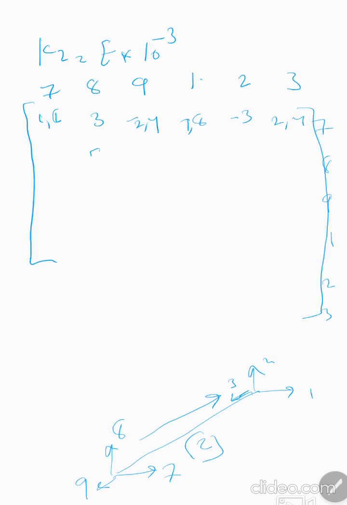Here it will be 5, minus 4, minus 3, minus 5 and 4, and so on. You can complete the values. Same way you can get K3. You can do that on your own.